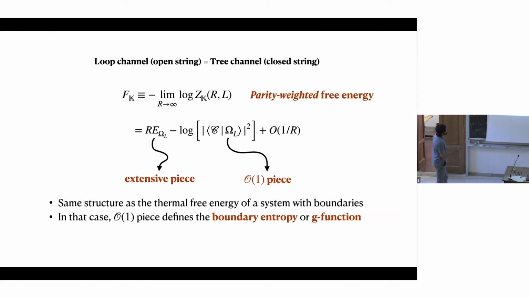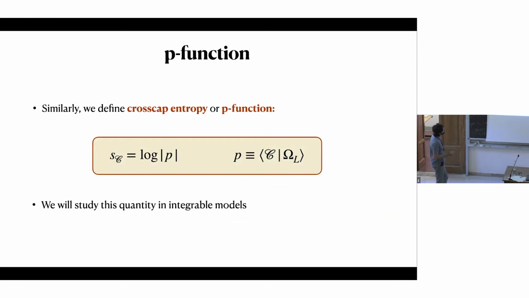So now we have a different kind of order 1 piece. We call it a crosscap entropy, generalizing the boundary entropy. And instead of having the G function, we call it a P function, just because we had to choose a letter. Actually, no, it's related to parity.